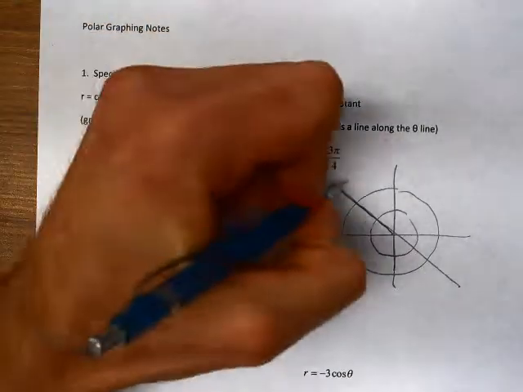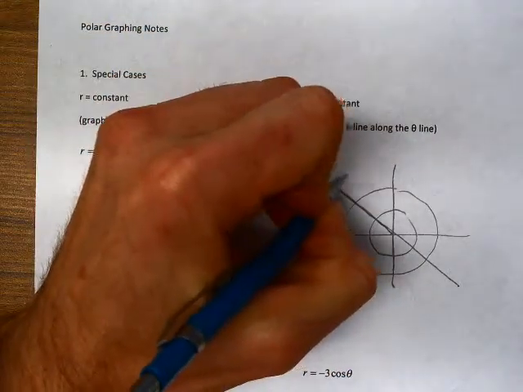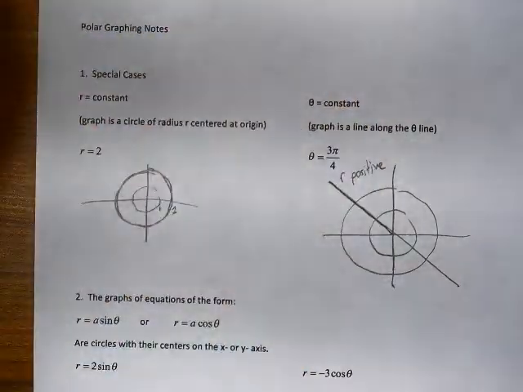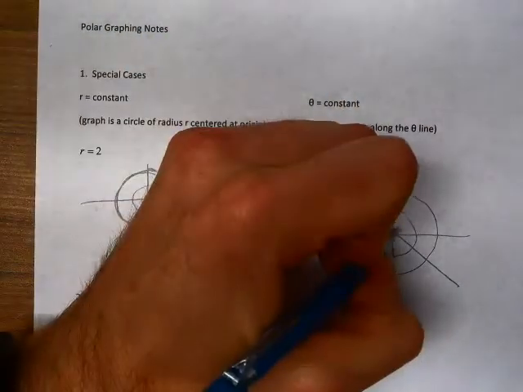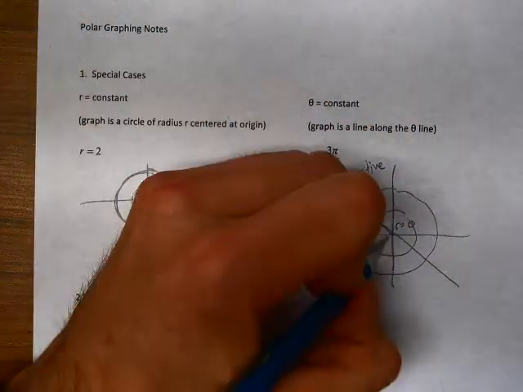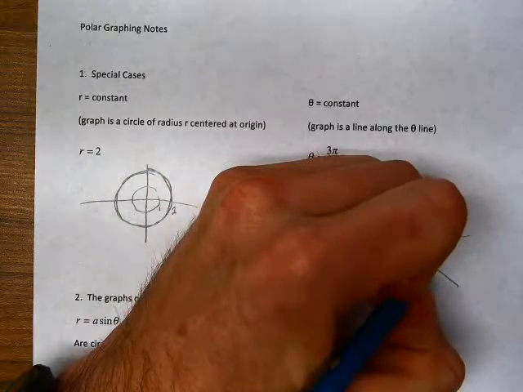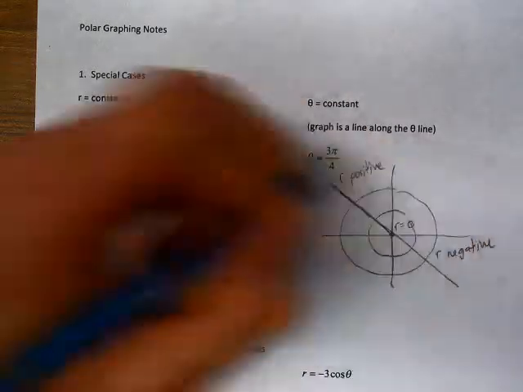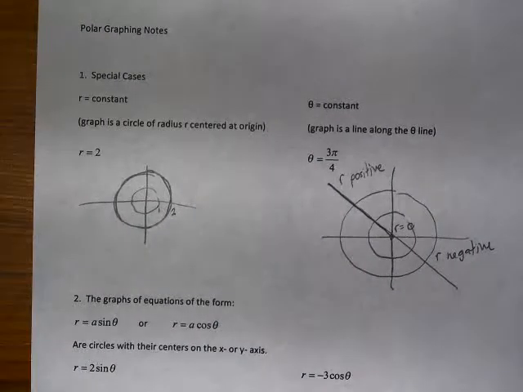So we're going to get this part of the line when we have a positive r. We're going to get this when r is equal to 0, that point there at the origin. And we're going to get this side of the line over here when r is negative.